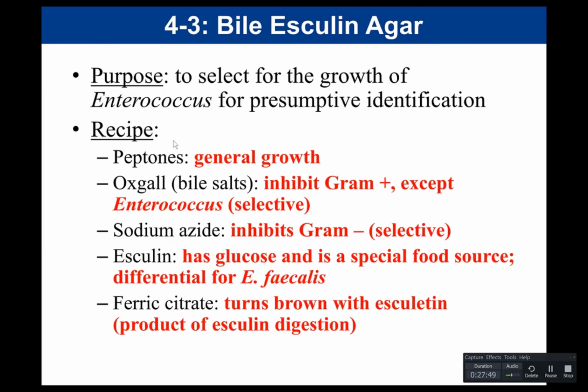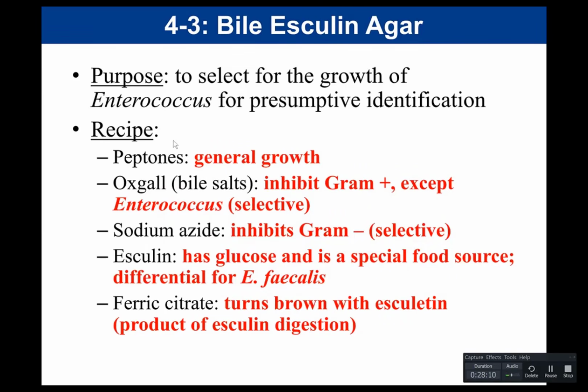In this test, it takes it a step further, because the bile salts will inhibit gram-positive except Enterococcus. So this ingredient is selective. We have sodium azide, which is going to inhibit gram-negative. Again, this is selective.